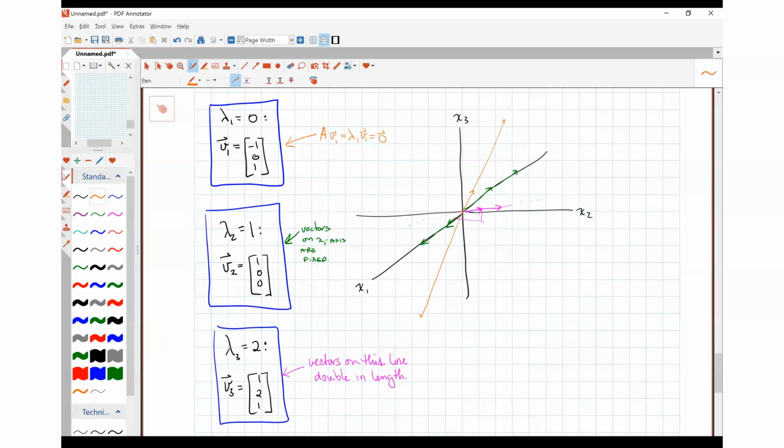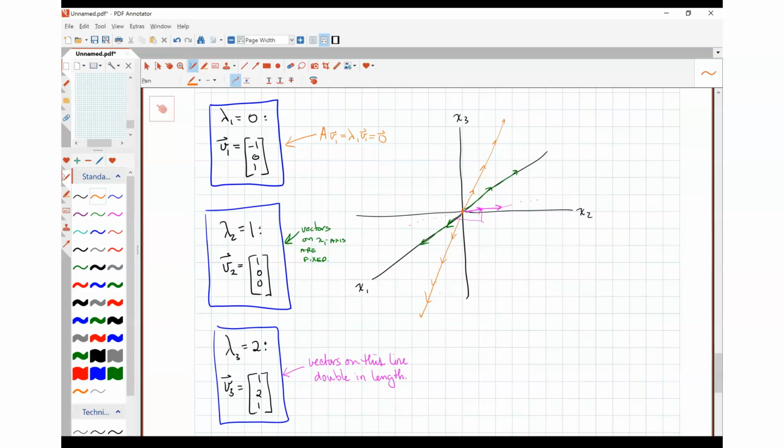That tells us some interesting stuff, right? For one thing, it tells us that lots of different vectors get mapped to the same vector. There's an infinite number of vectors along this orange line, and if I apply that transformation, I get the same output every time. It's 0.